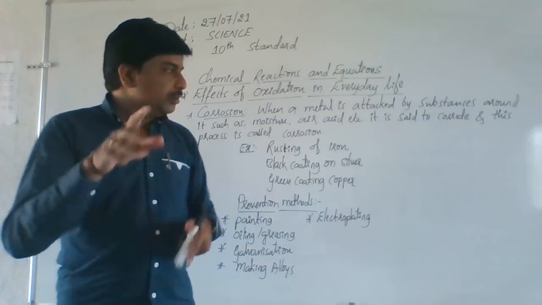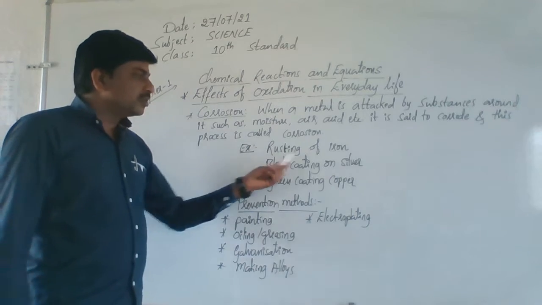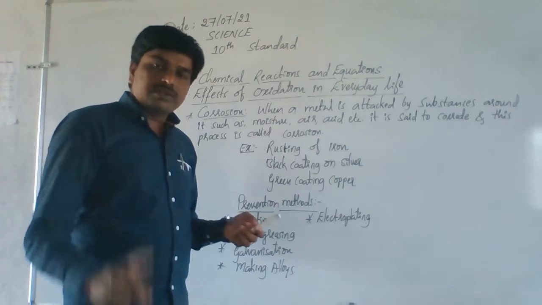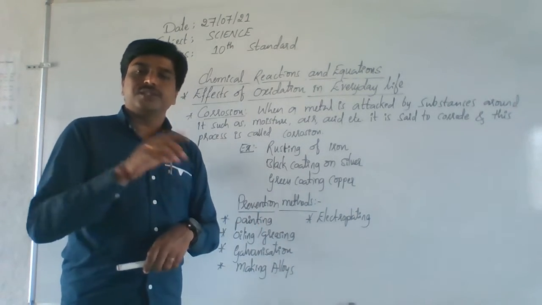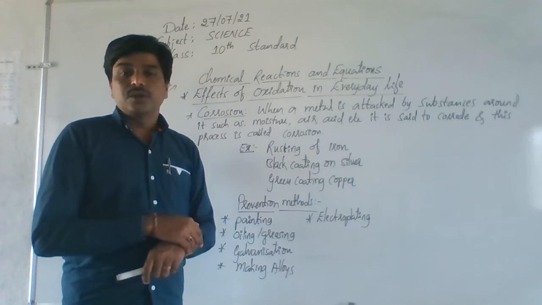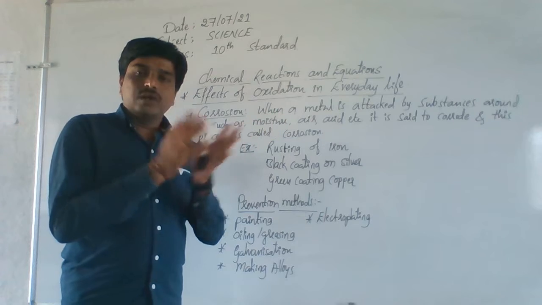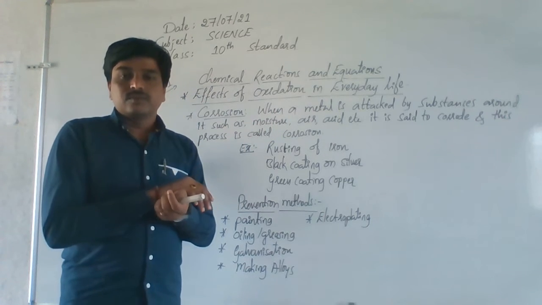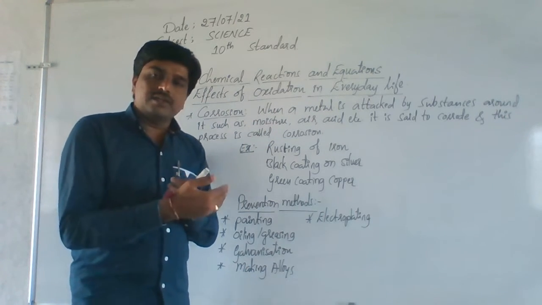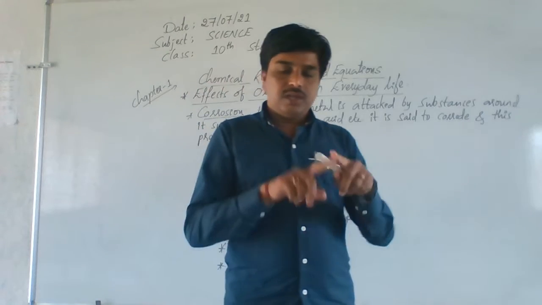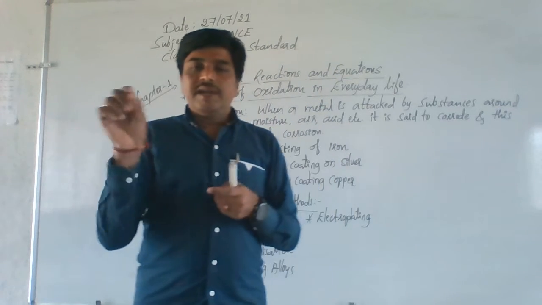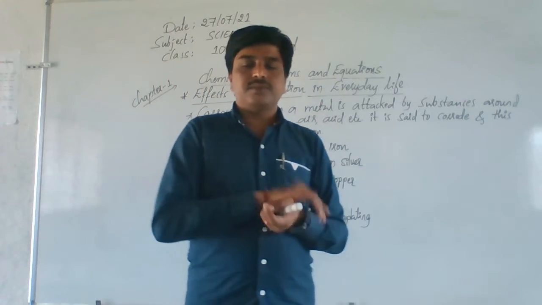Understand? See, the best example is rusting of iron. Rusting of iron is also because of oxidation. It is the effect of oxidation. When we expose iron materials to air or moisture, iron reacts with the air or moisture and forms hydrated iron oxide on its surfaces.